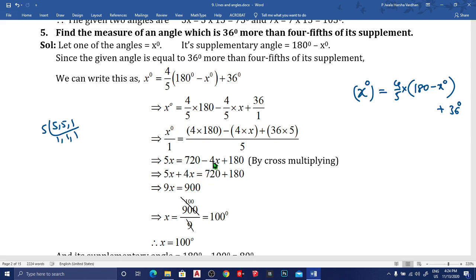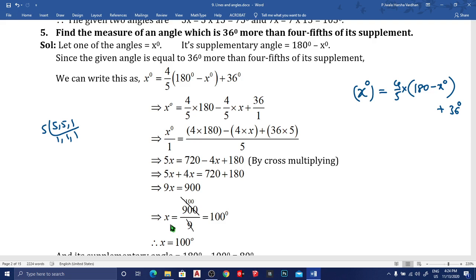Okay, now I am taking all the variables together on the left side. By sending this minus 4x to the left side, you will get plus 4x. Keeping 720 and 180 on the right side, 720 plus 180, you will get 900. So here 5x plus 4x is 9x is equal to 900.